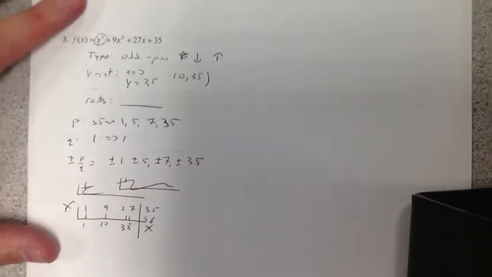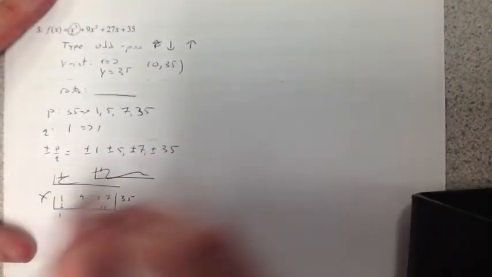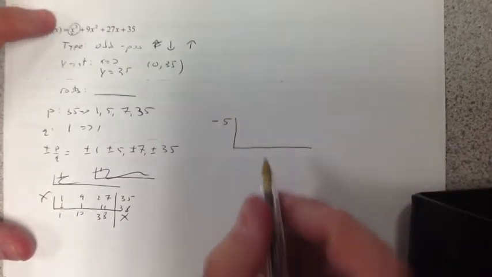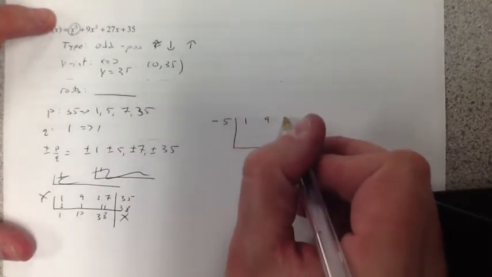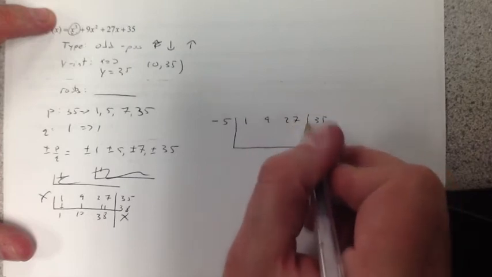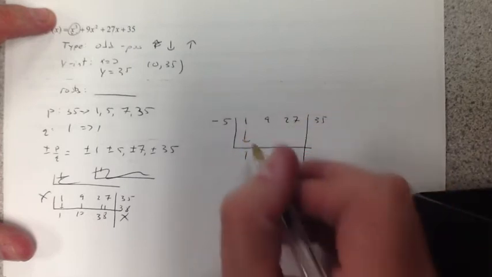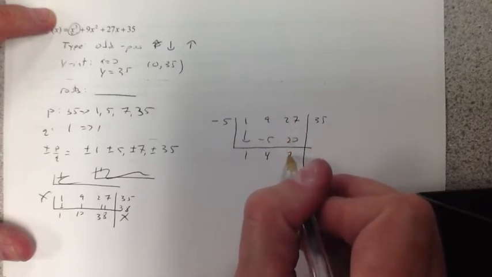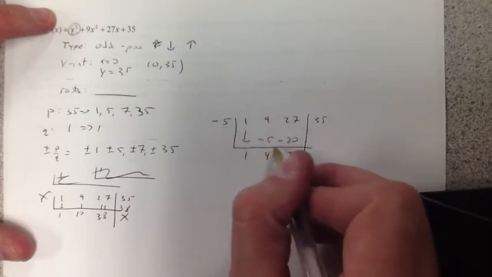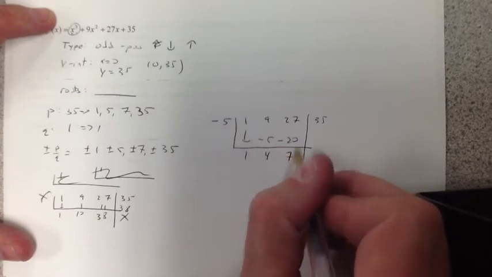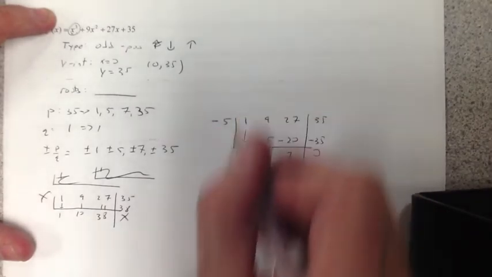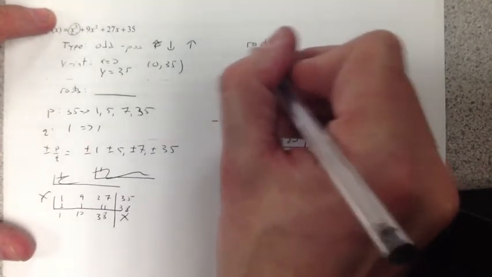Now after I have done this one already, so I'll just tell you which one is going to work. -5 works. So we go 1, 9, 27, 35. Get 1, -5, 4, -20, sorry, becomes 7, and we get negative 35, and we get 0. So for our roots, we're going to have 3 of them.